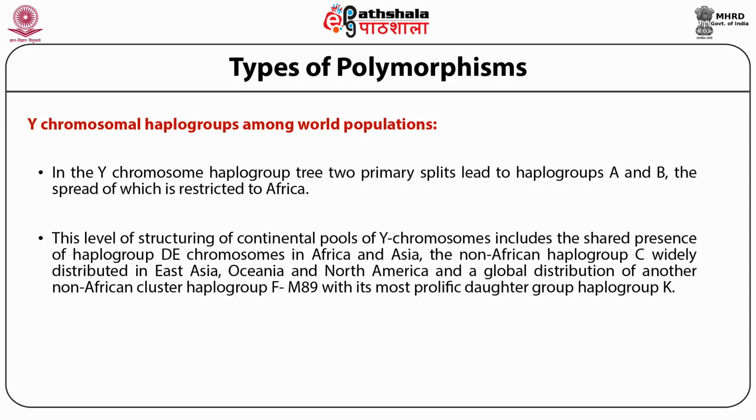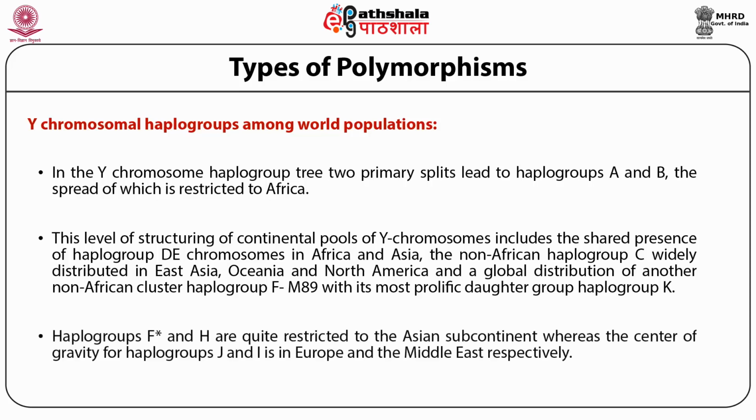Considerable regionalization of haplogroups is present in the subclasses of F and K. Haplogroups, that is F and H, are quite restricted to the Asian subcontinent, whereas the center of gravity for haplogroups J and I is in the Middle East and Europe respectively.